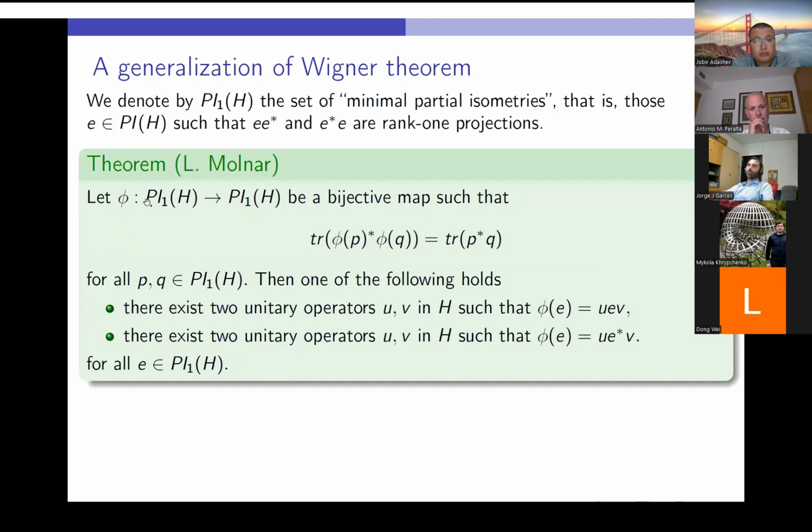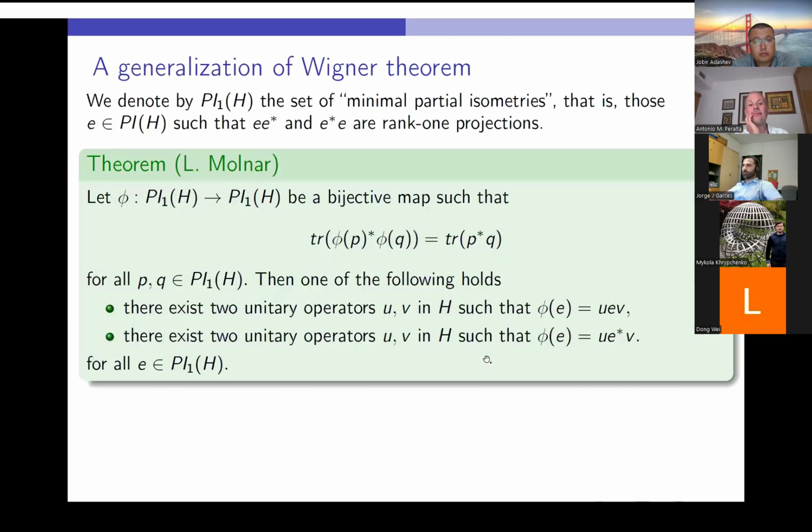So you have a bijection between rank 1 partial isometries that preserves this, which we will call later pseudo probabilities. Then it is of the same form as the ortho-isomorphisms. Okay, we will see the triple versions of these results later.